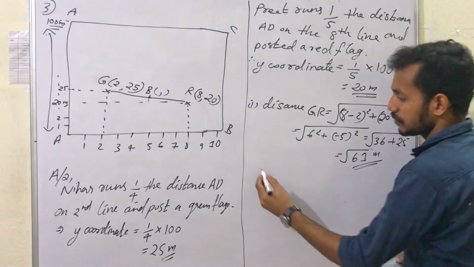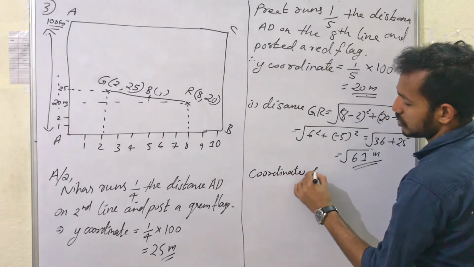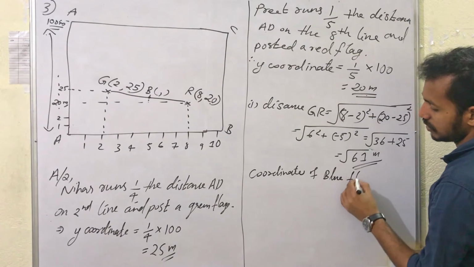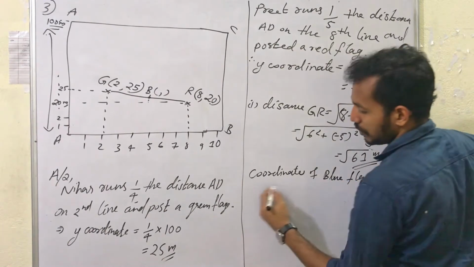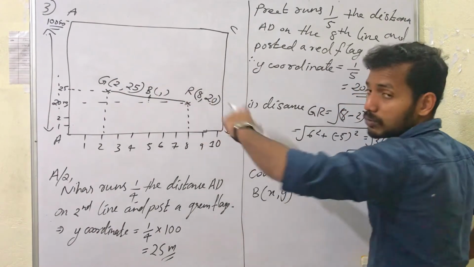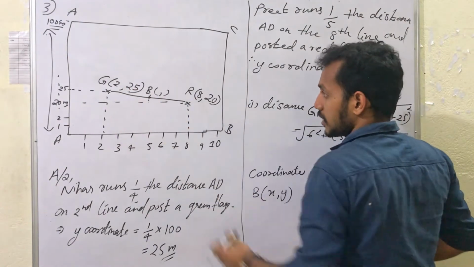So position of the blue flag, we can directly use the midpoint formula. We have already discussed the midpoint formula, because it is exactly in the middle.